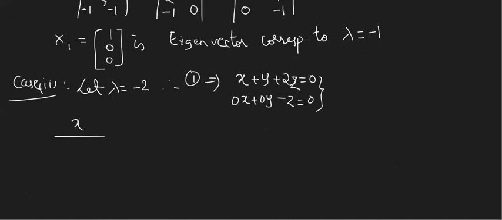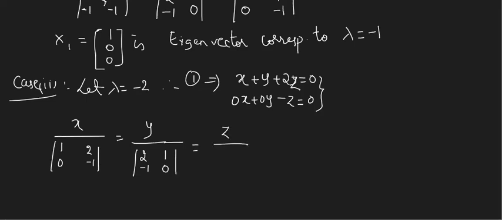So x upon. Tell me fast, what do I have to write? 1, 2, 0, -1. For y, 2, -1, 1 and 0.